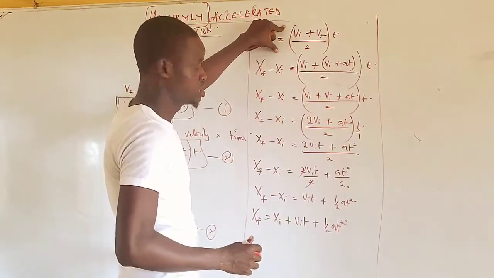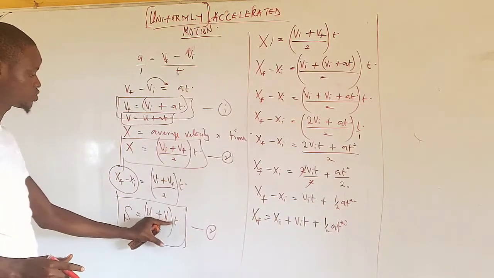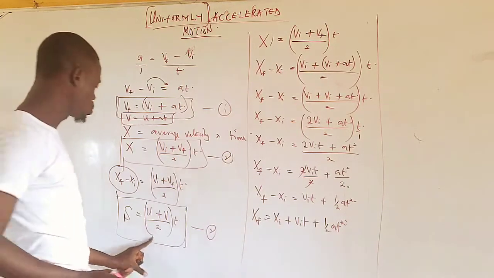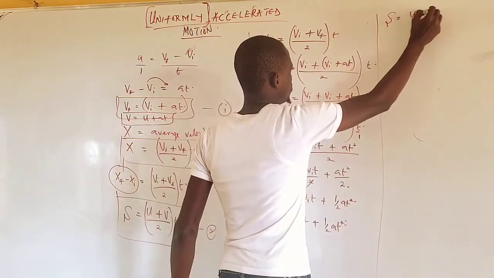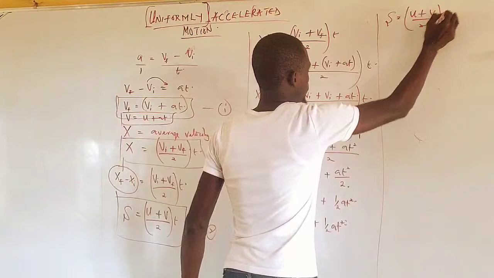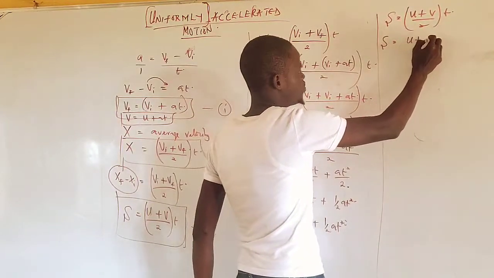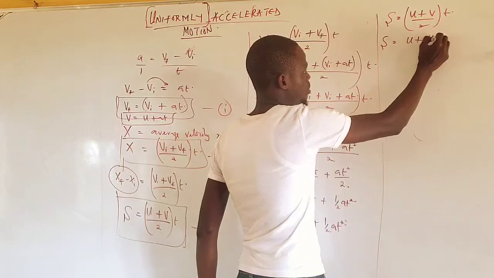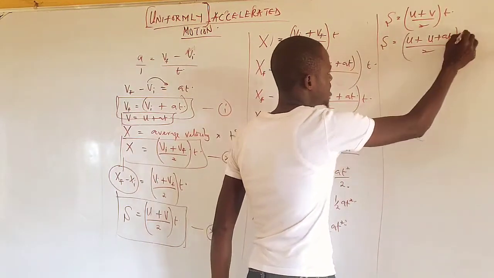Let's come back from here. Now, when I gave the equation, I used x is equal to u plus v over 2 multiplied by t. I'll be having this s equal to u plus v all over 2 multiplied by time taken. Then s equals u plus, what is my v? My v is equal to u plus at, all over 2 multiplied by time t.